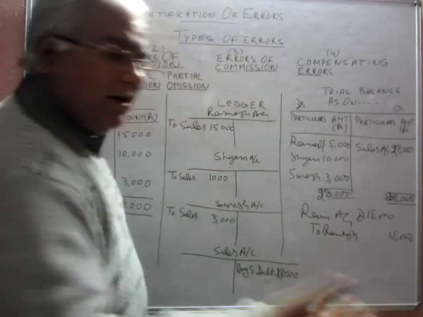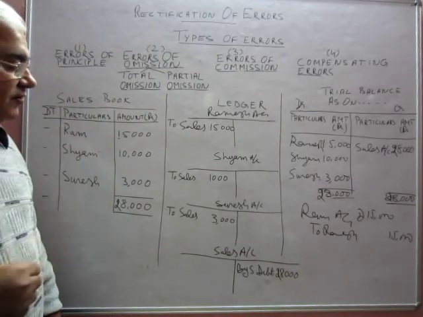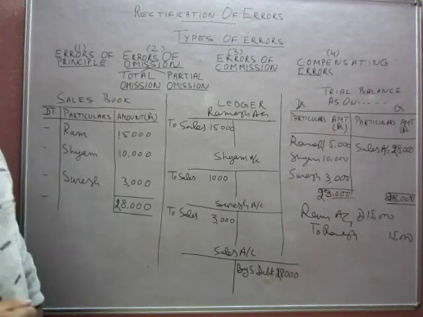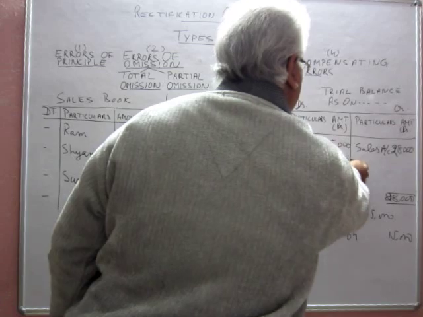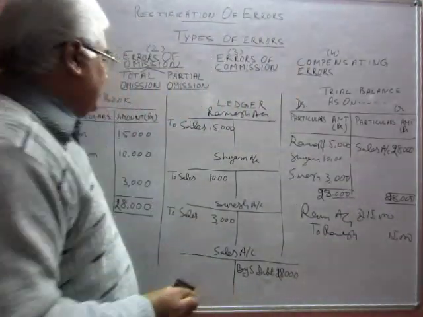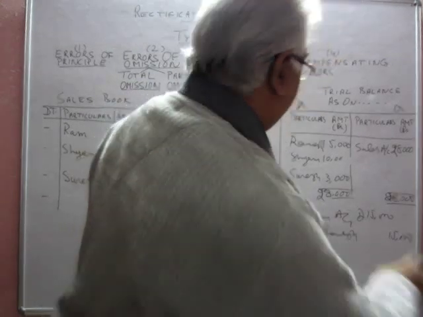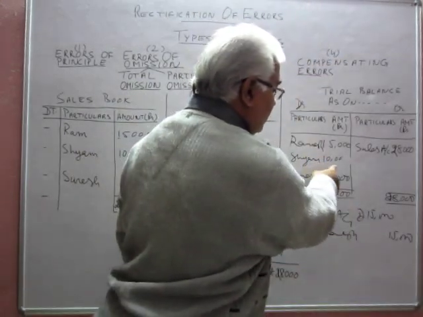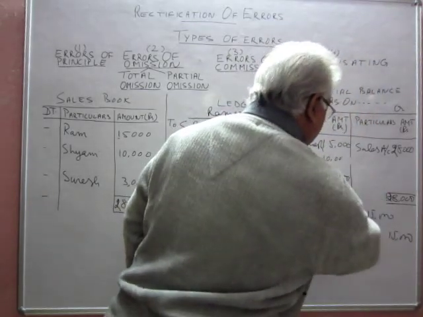This is such an error all of us commit. It can happen to anyone. Now with this, what is going to happen? In your trial balance, it will be only 1,000 here. So how much will it become? 15 plus 1, 16, 16 plus 3, it will become 19,000.